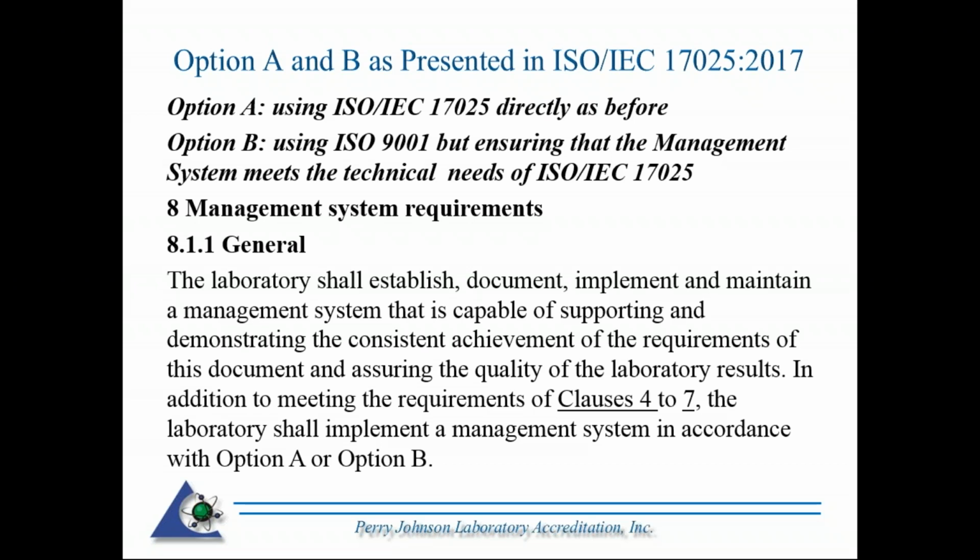If you look at the table of contents of the standard, you'll notice section 8 is specific to option A. Section 8.1 is considered management system options. So exactly what are we referring to here?